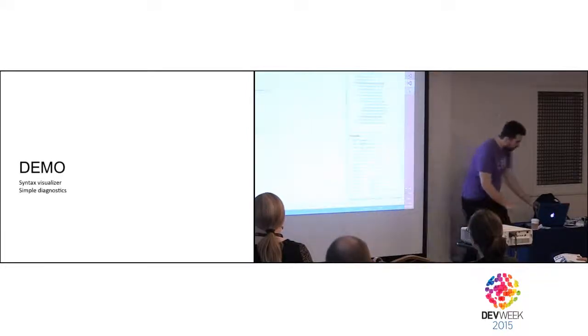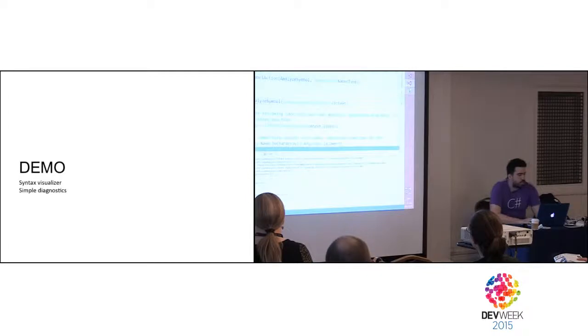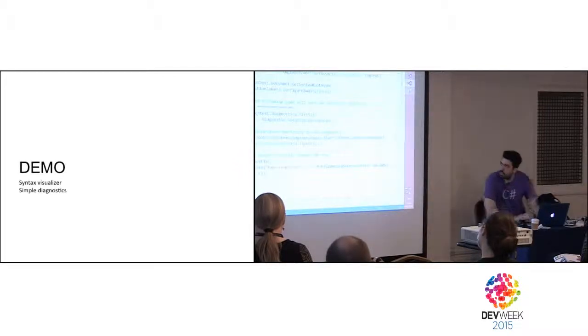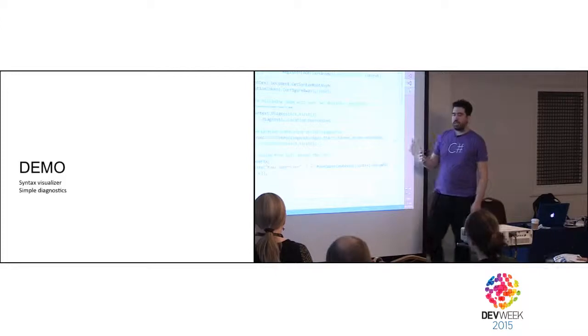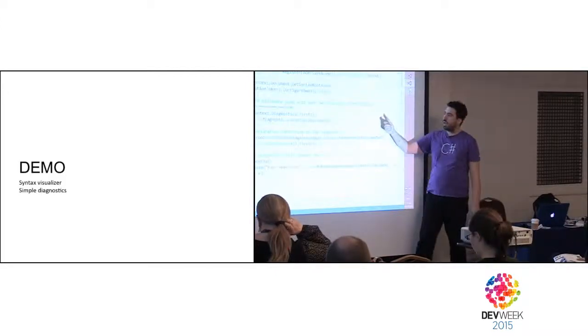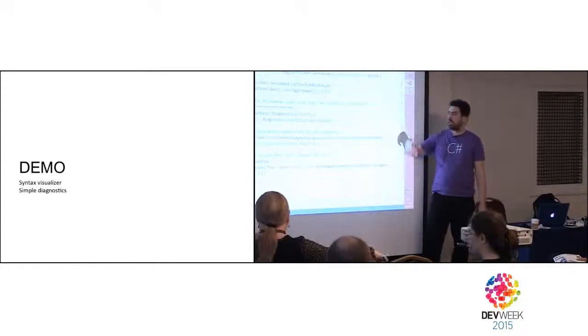Okay, so now let's go back slightly to the code and see the code fix provider. I won't go into too much detail, but basically, code fix activates in two scenarios. The first one is for the preview, the green one. And the second one is when you actually press enter.